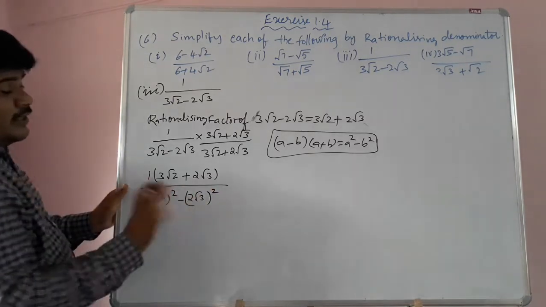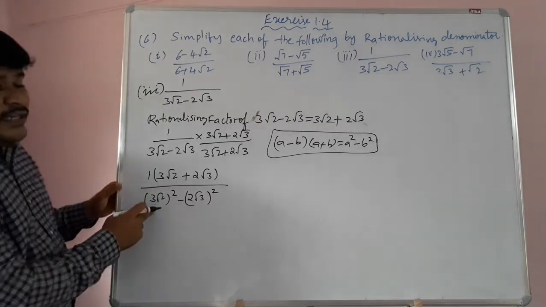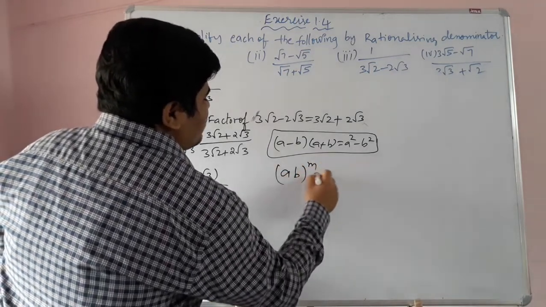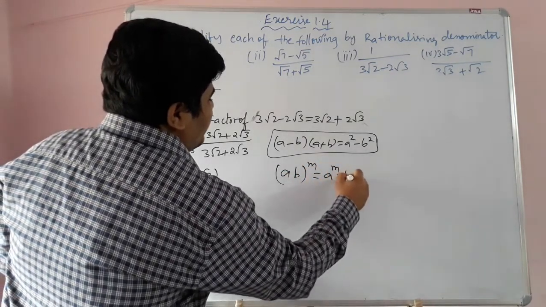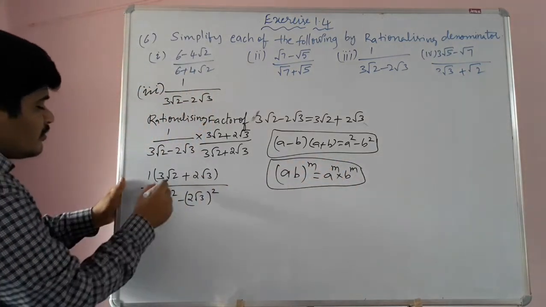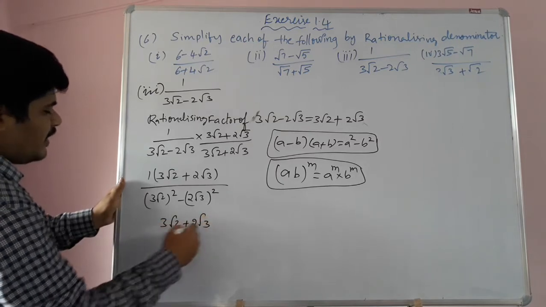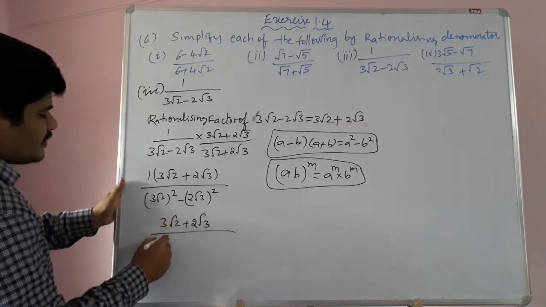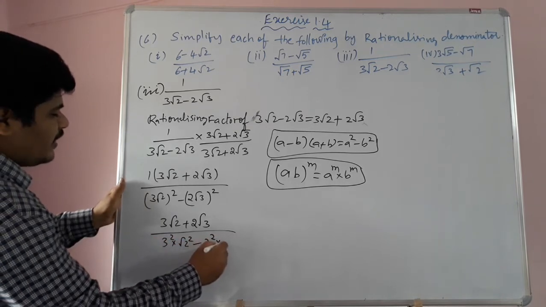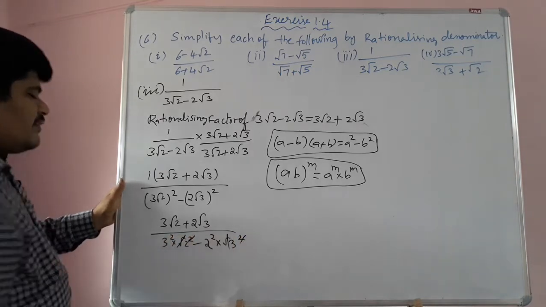And students, here please don't cancel the square root directly. First we have to split it by using a formula. What is that formula? a into b whole power m is equal to a to the power of m into b to the power of m. So by using this formula, 1 into this will be the same, 3 root 2 plus 2 root 3 by, so we can write here 3 square into root 2 square minus 2 square into root 3 square. So students, here square and square root cancel.